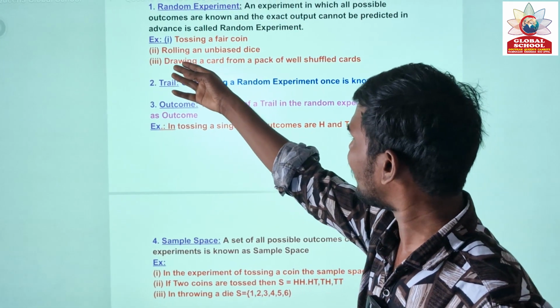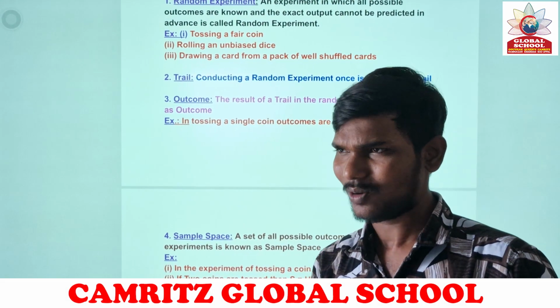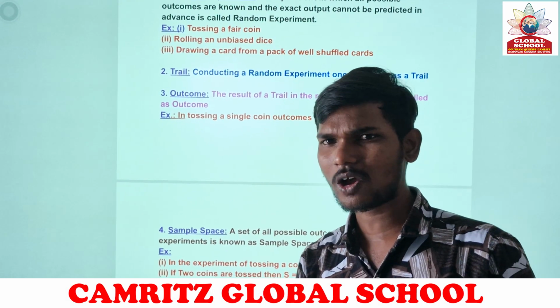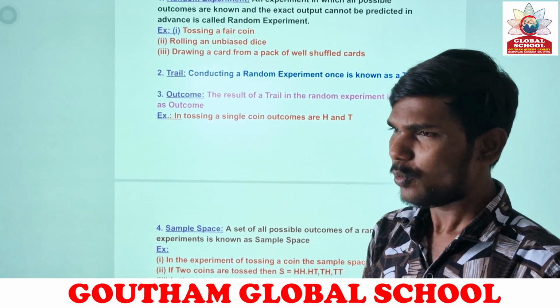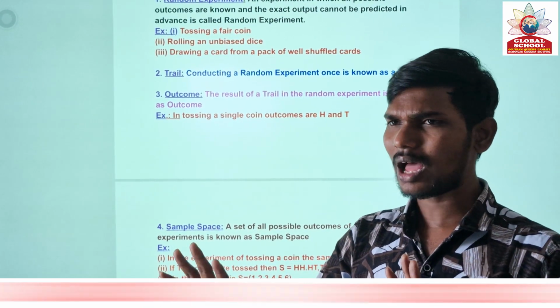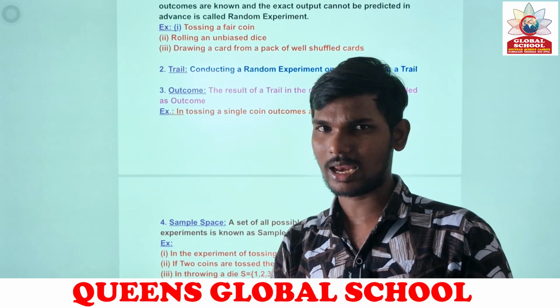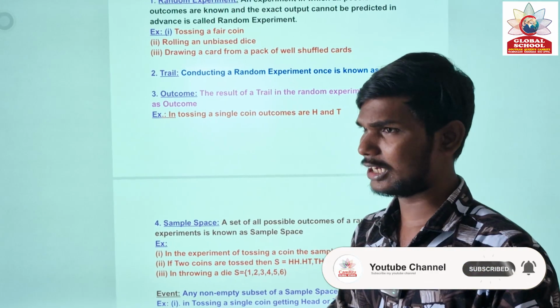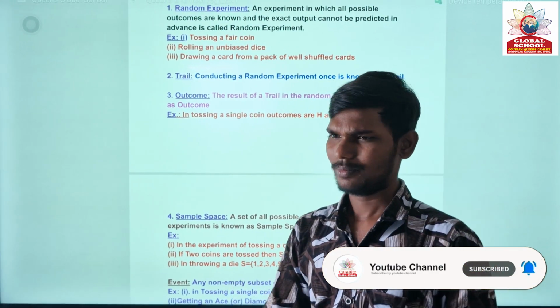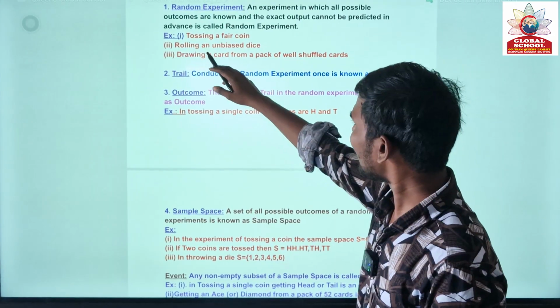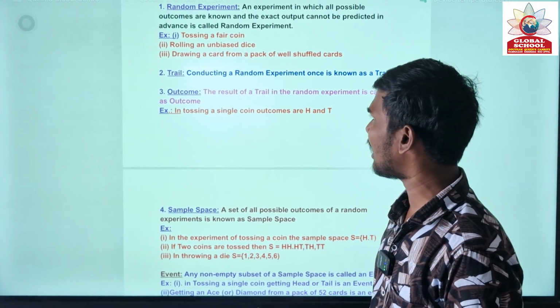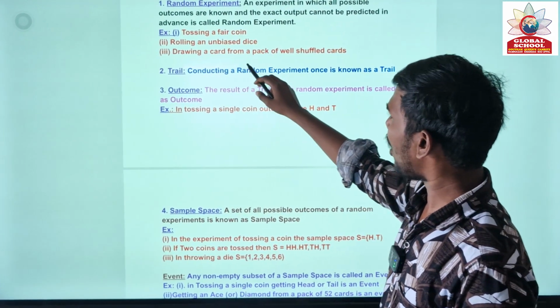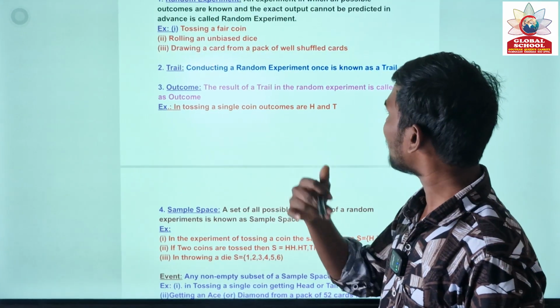For example, tossing a fair coin. Once you toss a coin, we know the possibilities, head or tail, but we cannot predict accurately whether it becomes tail or head. Similarly, rolling an unbiased dice and drawing a card from a well shuffled pack of cards.